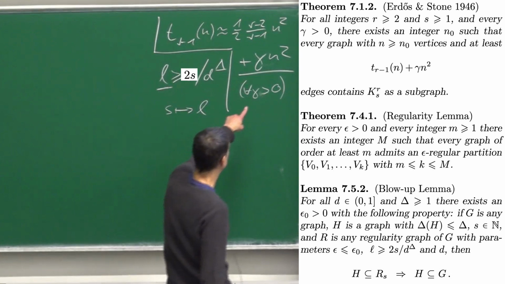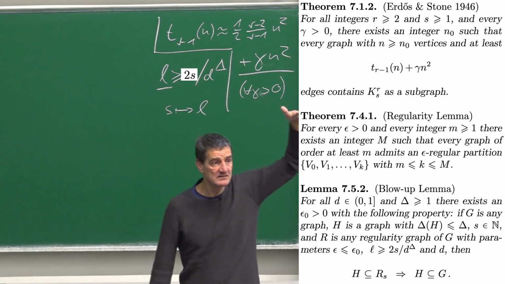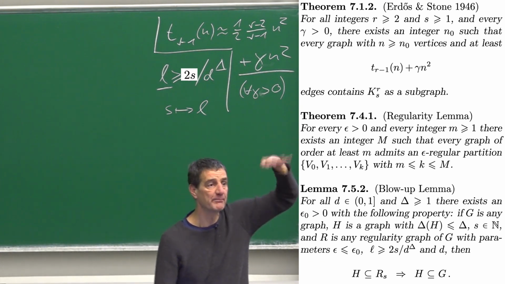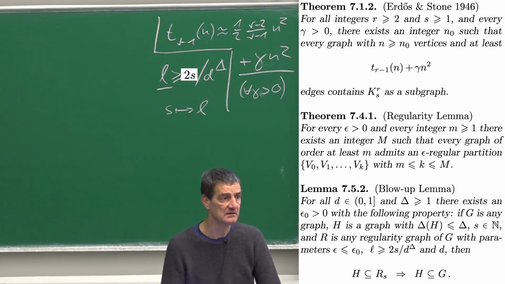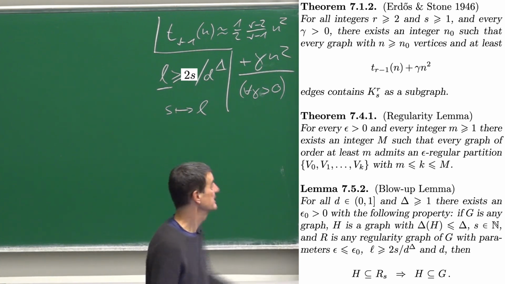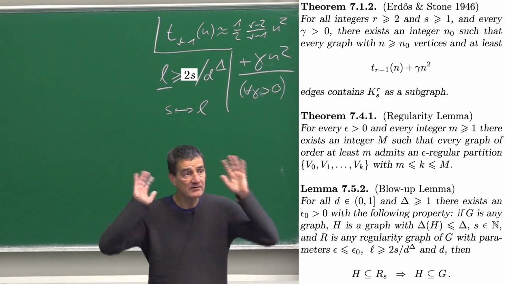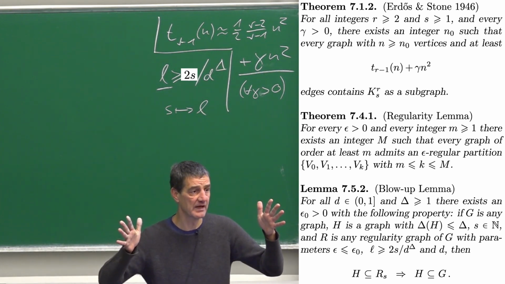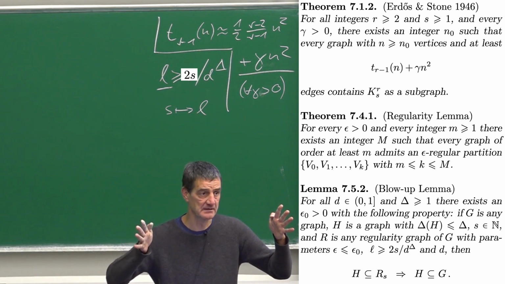For every gamma, there exists a little n naught above which graphs of order n that have this many edges contain a K_r(s). So we're allowed to make G big, and the Erdős–Stone theorem will not mind that.